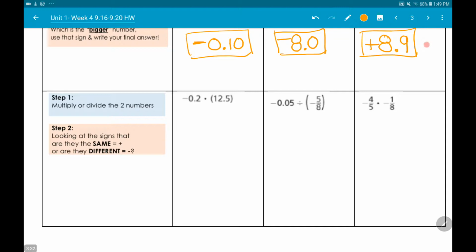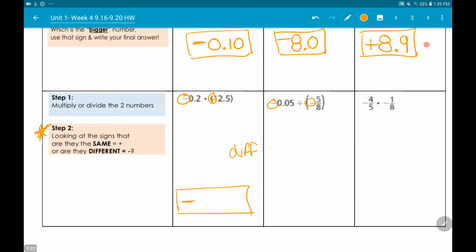Something I want us to focus on first is step 2. Let's look at our signs. I have a negative and a positive, so they are different, which means my final answer, no matter what it is, is going to be negative.